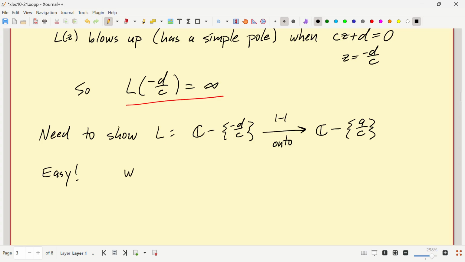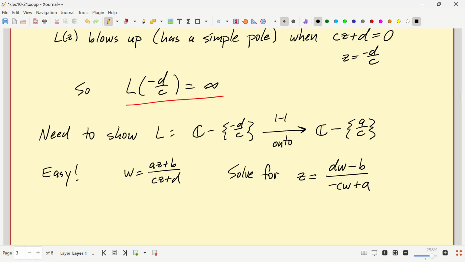So let's see, if I write W equals (AZ plus B) over (CZ plus D) and solve for Z using junior high math, I get that Z equals (DW minus B) over (minus CW plus A). Okay, that's the inverse. So that's a fact to keep in mind.